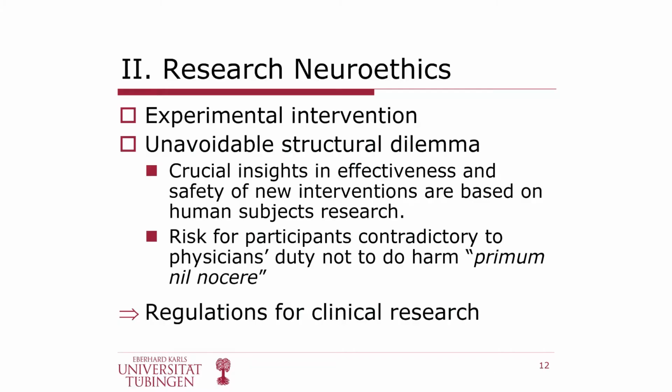And we face an unavoidable structural dilemma in medical research. We need insights for effectiveness and safety of new interventions, and these are based on human subjects research. However, the risks for participants are knowingly taken, contradictory to physicians' duty of doing no harm.